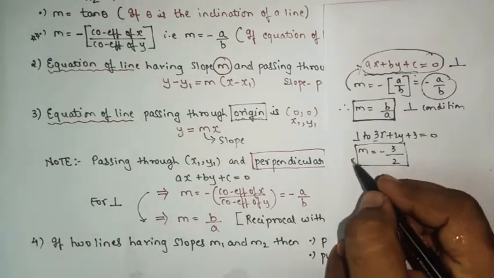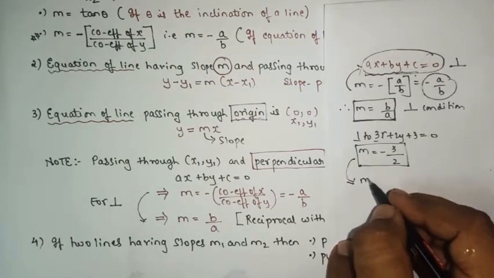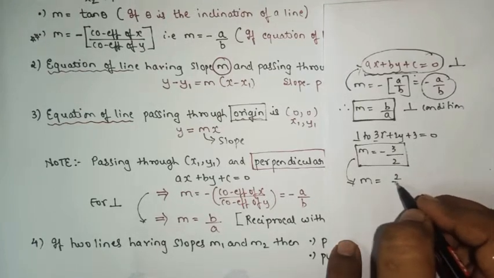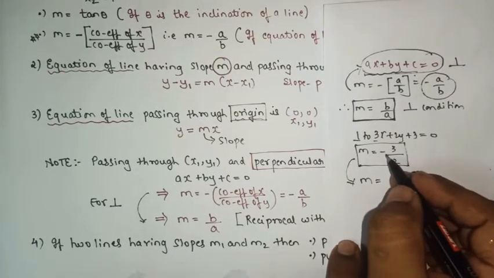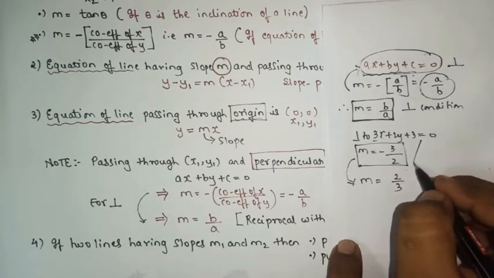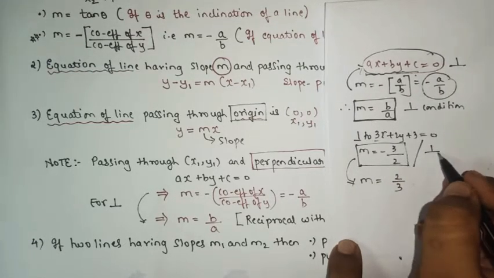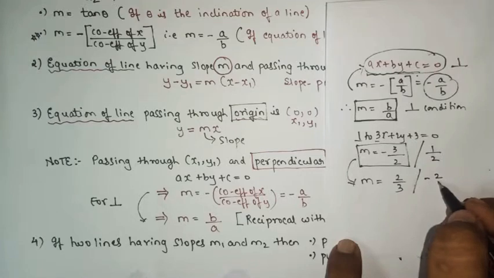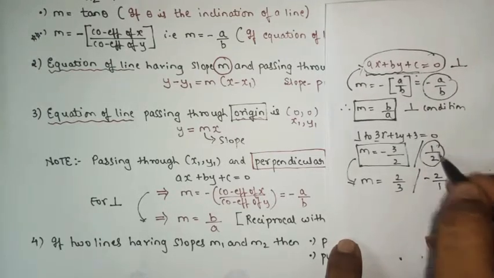So in the next step, simply take the reciprocal of this value with the opposite symbol. If it is minus, you will write plus. If it is plus, you will write minus. For example, here the answer is 1 by 2, so the answer for the perpendicular will be minus 2 upon 1. Reciprocal with the opposite symbol.